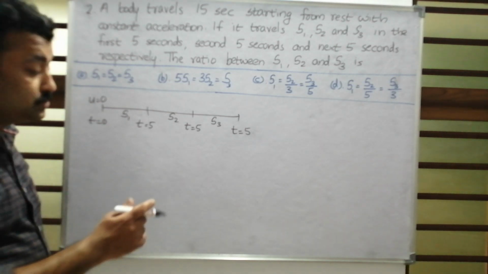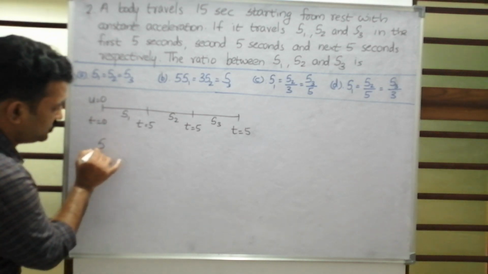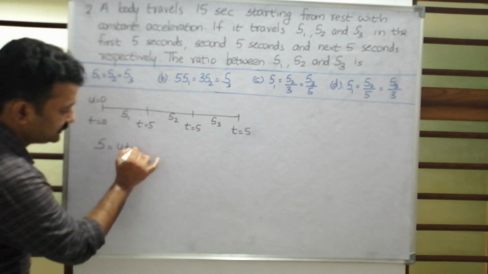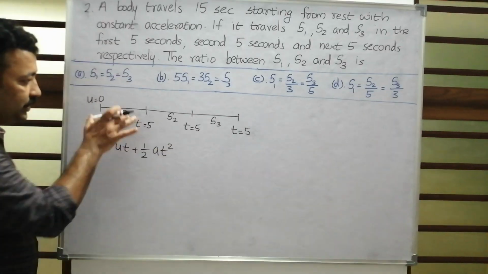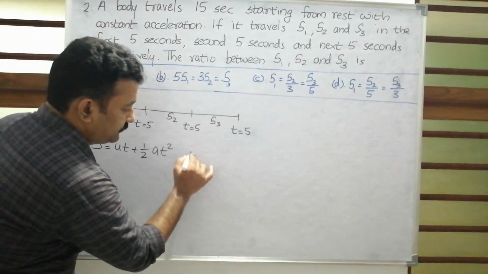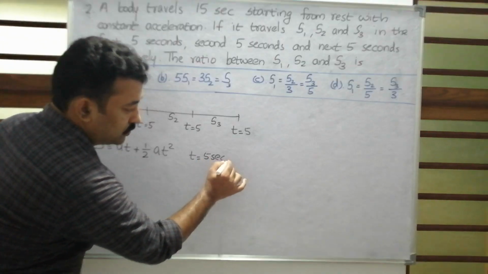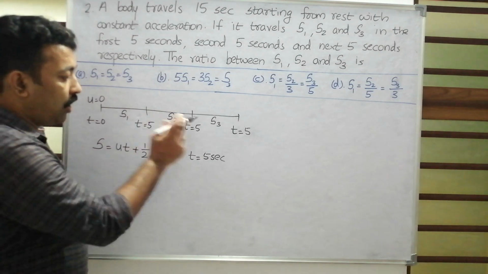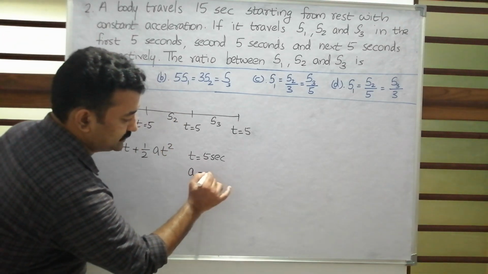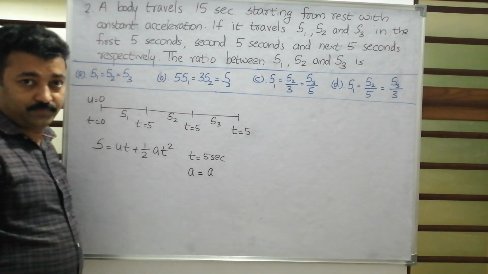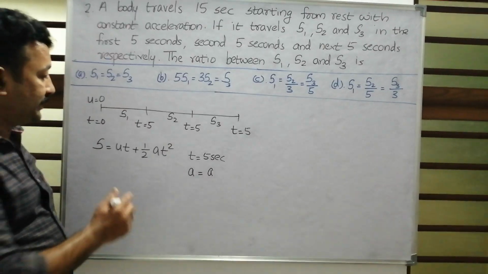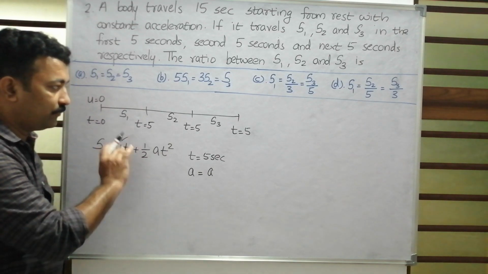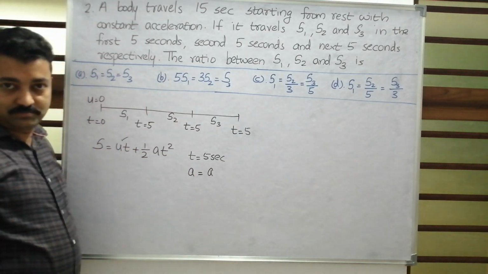So our aim is to use the equation S is equal to ut plus half a t square. For each interval, the t is 5 seconds, and for all the intervals the acceleration is a itself. So our aim is to get the u value for each different interval.